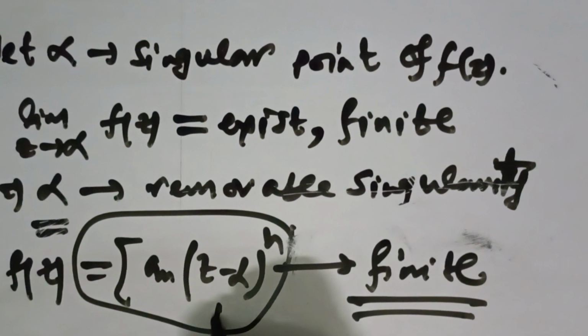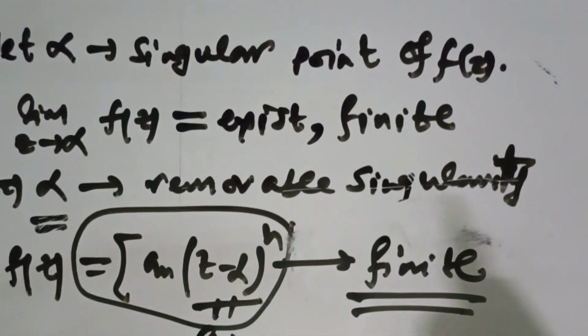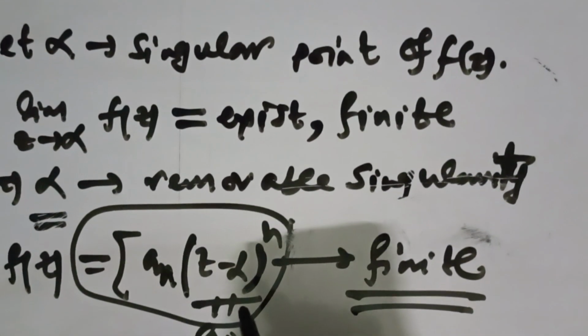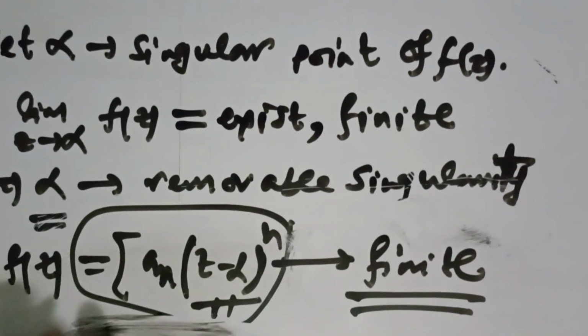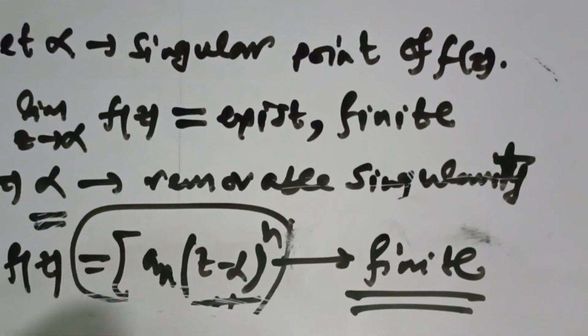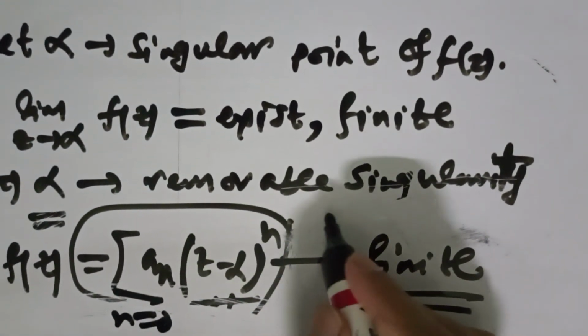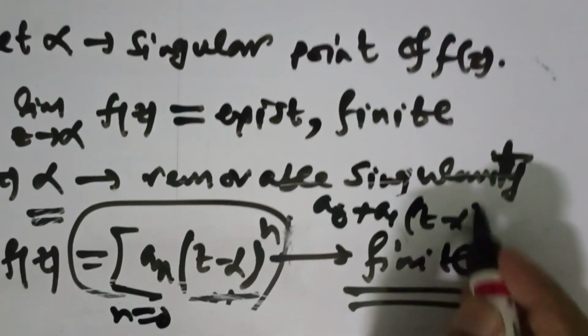This gives a0, because every other term contains the factor (z - alpha), so if you take the limit as z tends to alpha, those terms become 0. If you expand the series, you get a0 plus a1 (z - alpha), and so on.